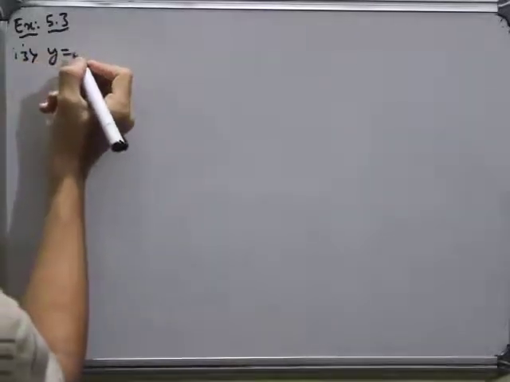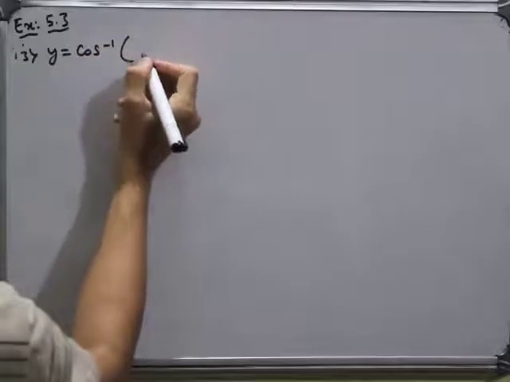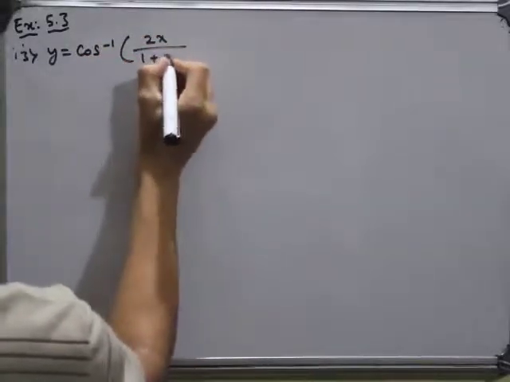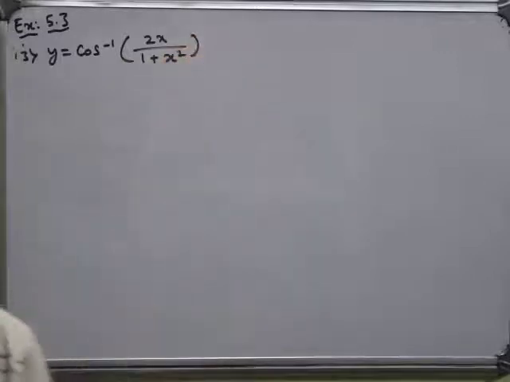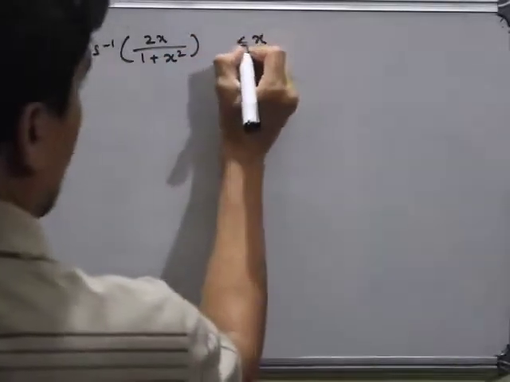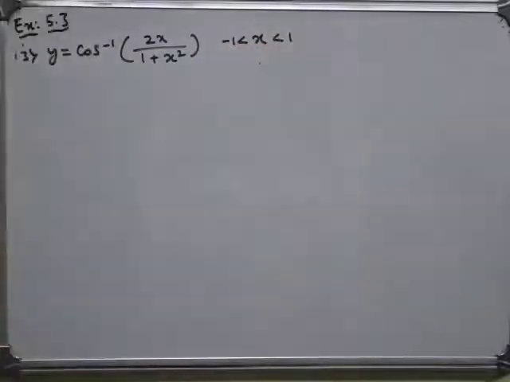Question number 13 says y is equal to cos inverse of 2x divided by 1 plus x square, where x lies between minus 1 and plus 1.